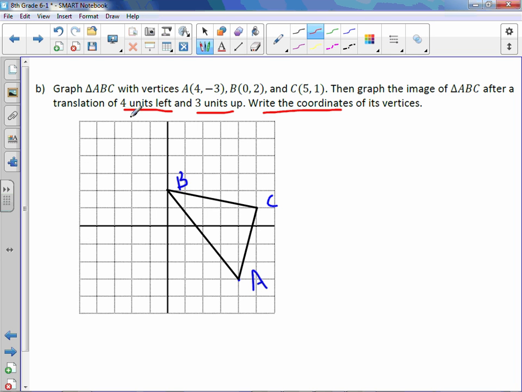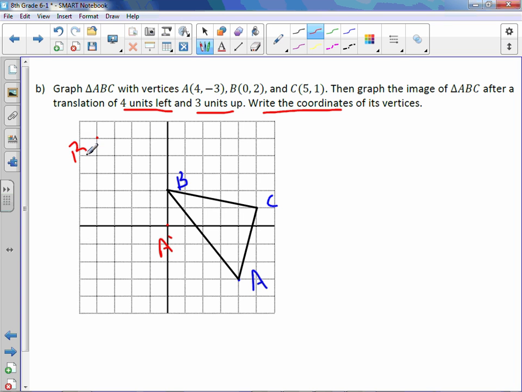Now we are going to move each coordinate 4 left and 3 up. So we'll start with A. 4 left, 3 up. This is A prime. B, 4 left, and 3 up.